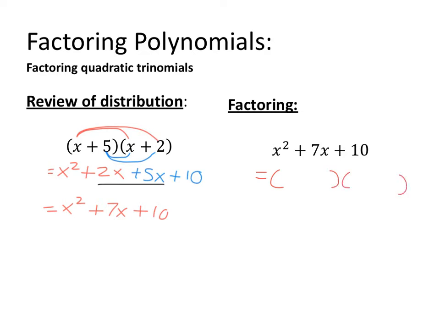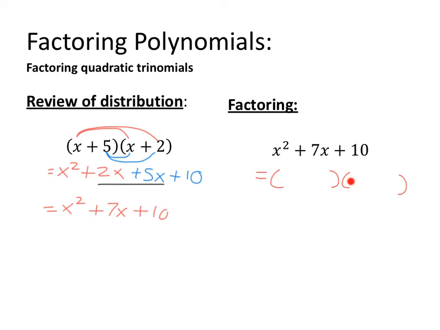I know that from multiplying out a lot of these. I'll have a set of parentheses here and a set of parentheses here. Now the next thing I'll do is ask, what makes up this and this? What needs to go there?